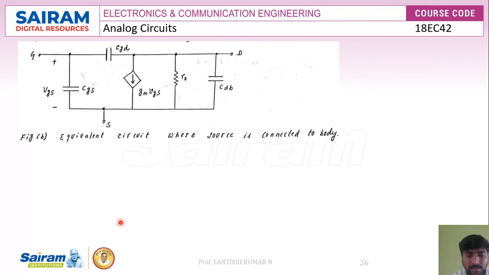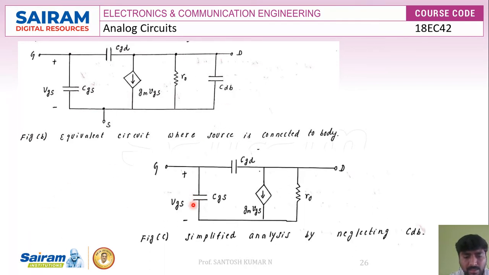To make it even simpler, we neglect this drain to body capacitance. So the simplified circuit can be redrawn as shown in figure C. Here CGD plays a significant role in determining the high frequency response of the amplifier.